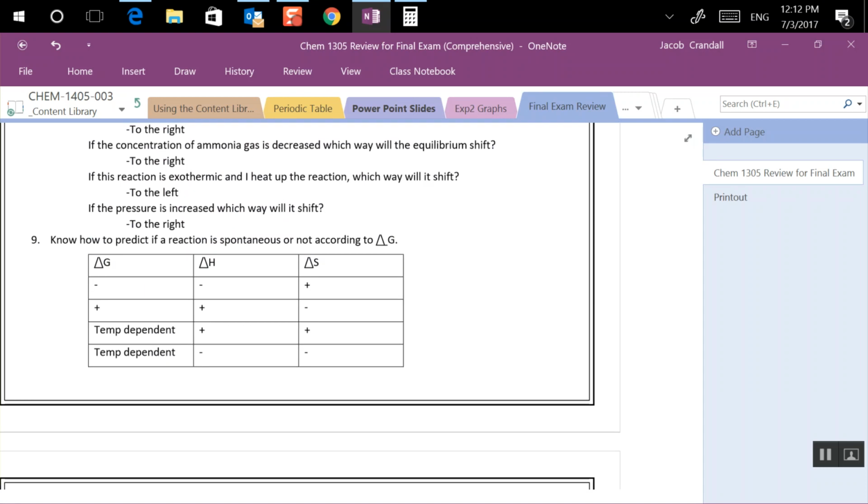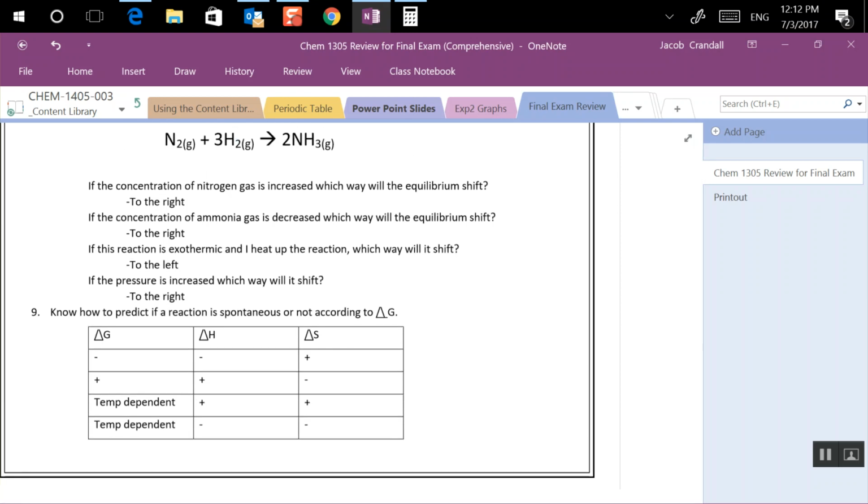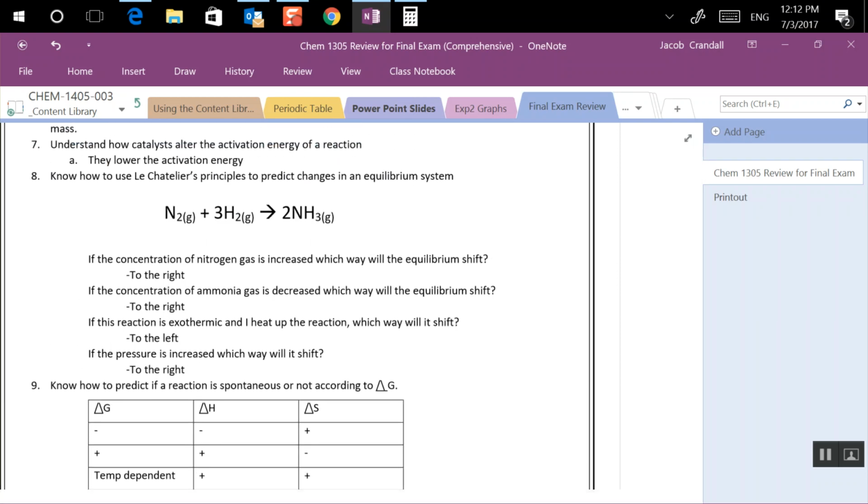Could you explain that to the right, to the left? Le Chatelier's principles? Sure. Okay. So when we're talking about Le Chatelier's principles, anytime you increase something, it shifts away. Right? Anytime you decrease something, it shifts towards.